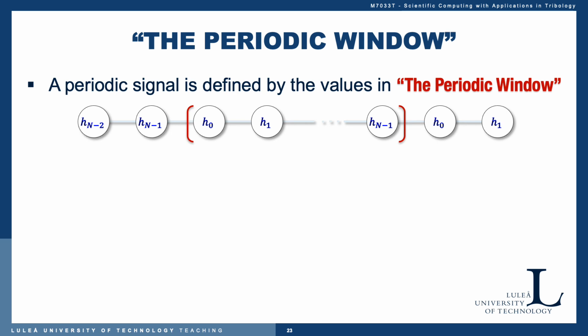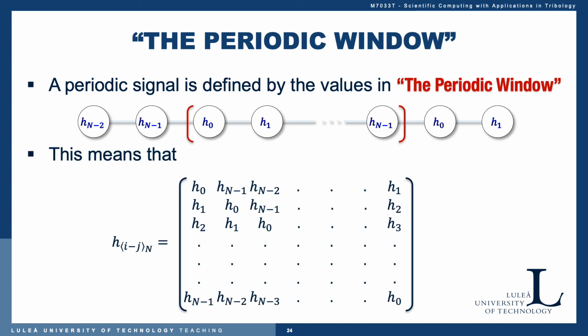This means that in matrix form we have h to the modulo n of i minus 1 expressed like this. On the first column we have h0 all the way down to h(n-1).